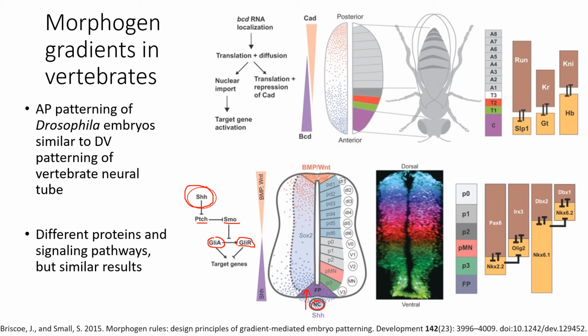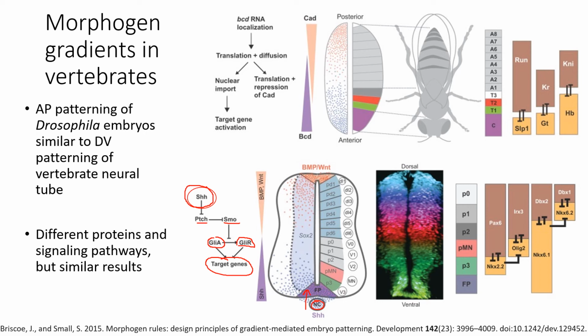This pathway allows the activator proteins to be produced, which in turn repress the repressors. Then these transcription factors are present in a gradient because the activator of this whole pathway, sonic hedgehog, was also present in a gradient. And this gradient of transcription factors actually activates the target genes of the whole process.